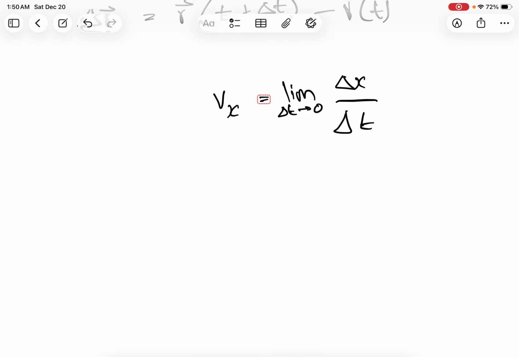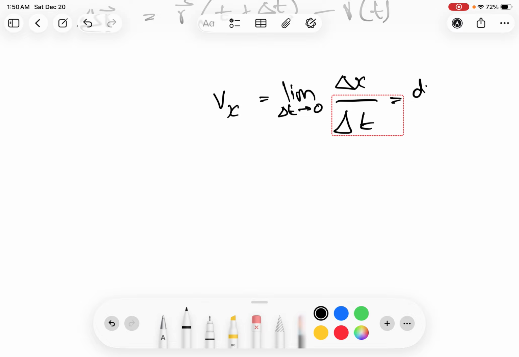You may have all studied that. Let's just talk about how we denote this. We can write it as dx by dt, and we can denote it as x dot, with a dot on the top. Similarly y dot and z dot.